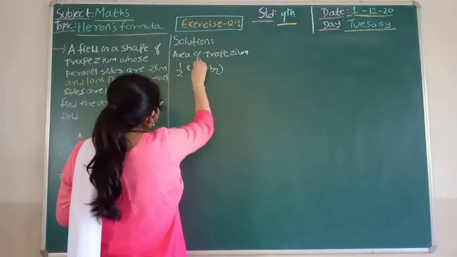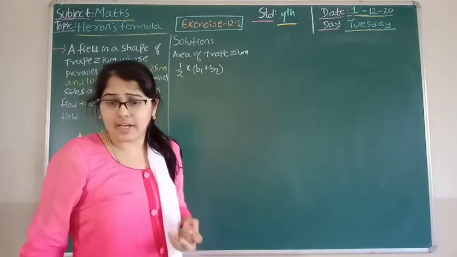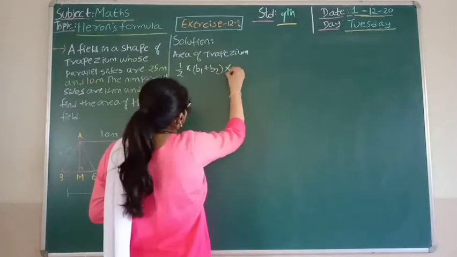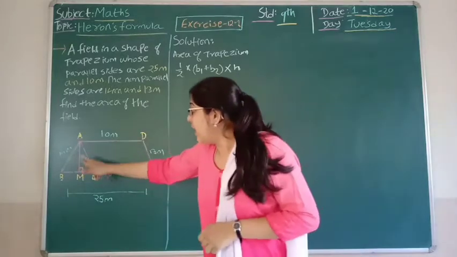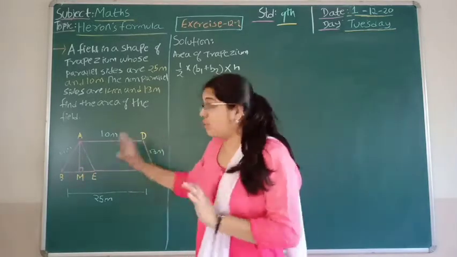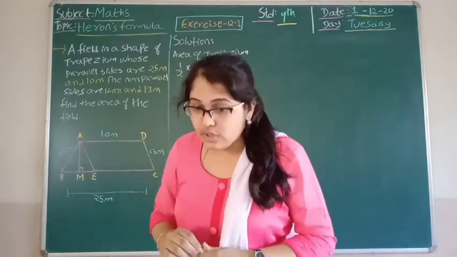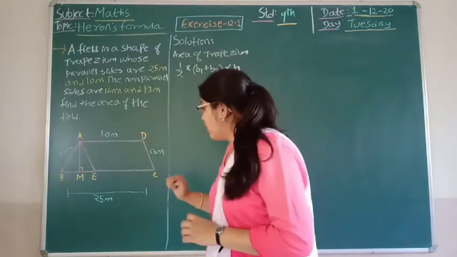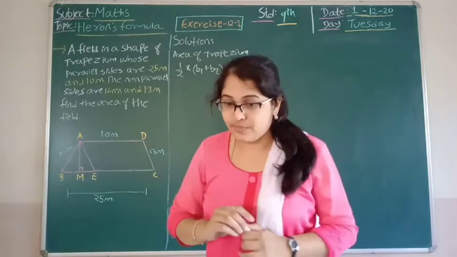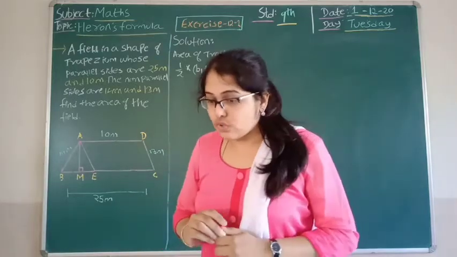multiplied by height. So we need to find the height, and we see this is the height, and we don't have the value of height. So we can give the formula of B1, B2. How? This is the base, that is BE.